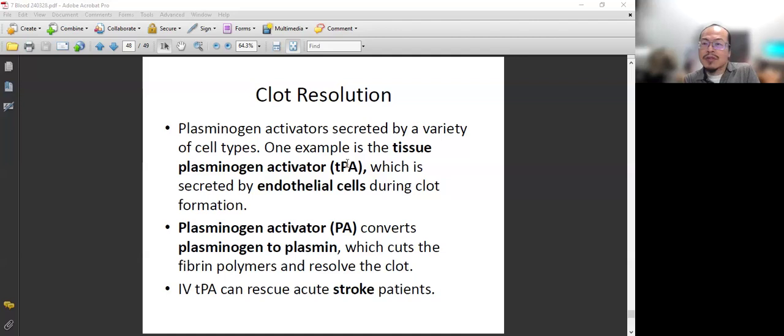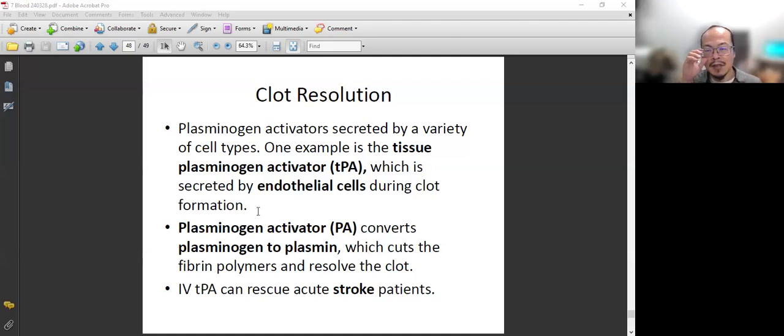It will circulate, it will activate the plasminogen, it will activate the plasmin, and then it will cut all this clot. So even if there's a clot there, it will get dissolved, and then you can have the blood circulating again.